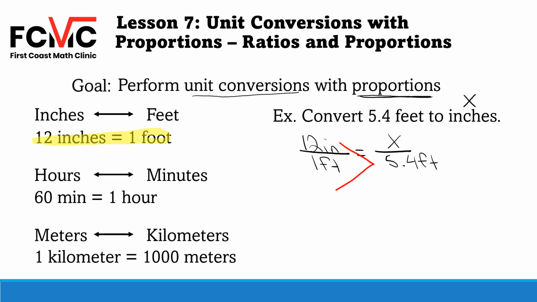12 times 5.4, so 12 inches times 5.4 feet. Put parentheses around this to separate things a little bit. Let's bring down the equals, and then x times 1 foot.